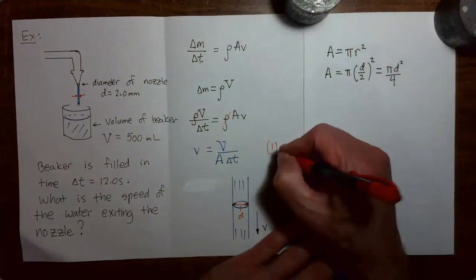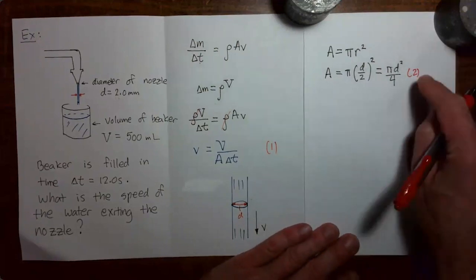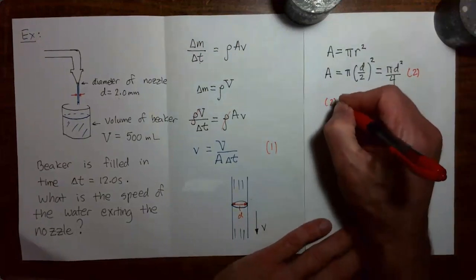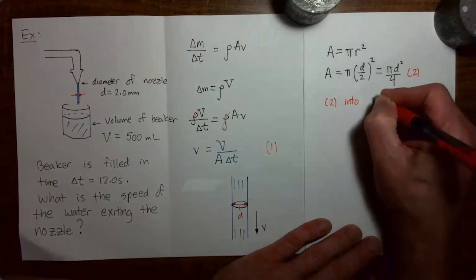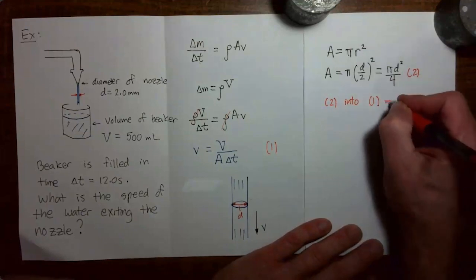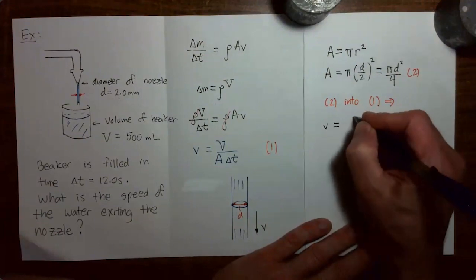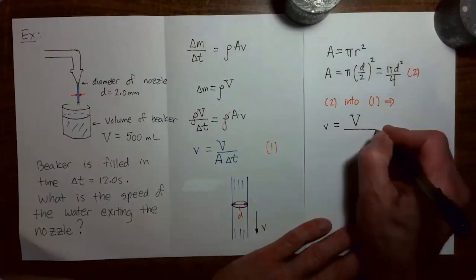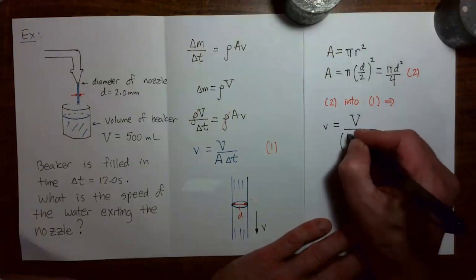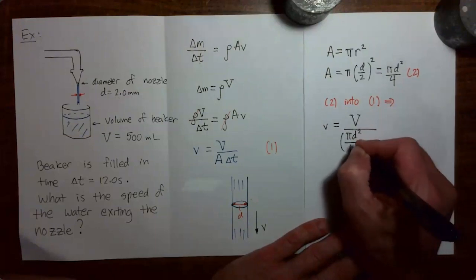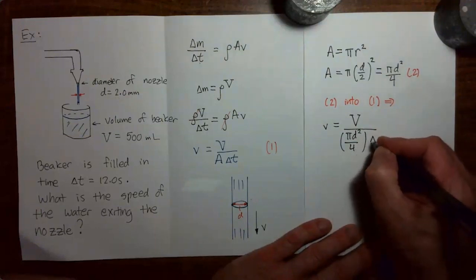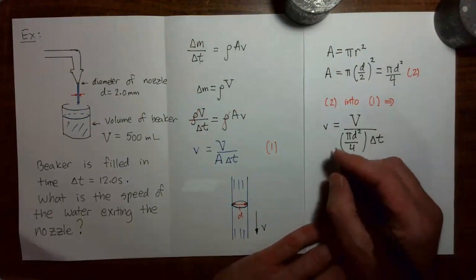Let's call the equations here 1 and 2. So I'm putting 2 into 1. That substitution gives me flow speed equals volume, then divided by area, pi diameter squared over 4, and divided by time interval.